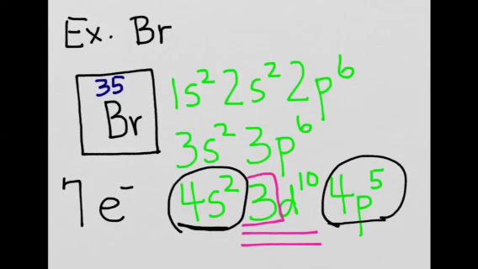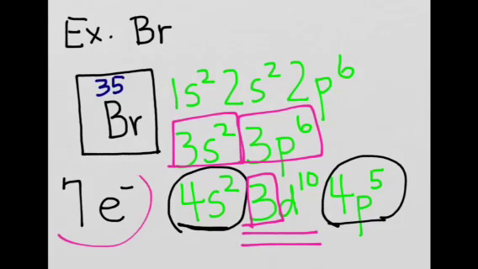Its energy level is 3, and so it's at the same energy level as these electrons, which are closer to the nucleus and at a lower energy level than 4. So the highest energy level for bromine is 4. At the 4th energy level, we find 2 electrons in the s orbital and 5 in the p orbital, to make for a total of 7 valence electrons for bromine.